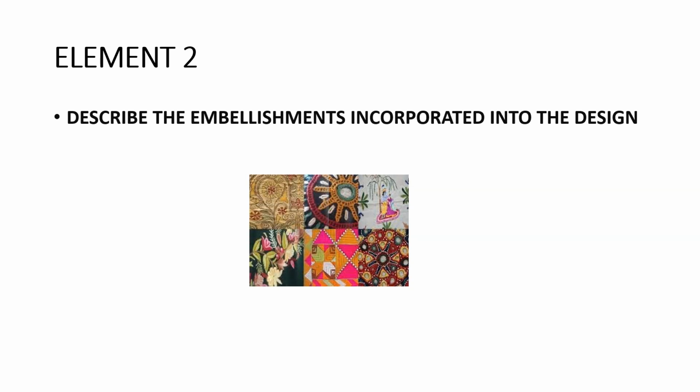So embellishments are there everywhere nowadays. You can see in the jeans there are embellishments, in the normal garment there are certain embellishments, okay. So element 2 talks about these different types of embellishment that are incorporated into the design.